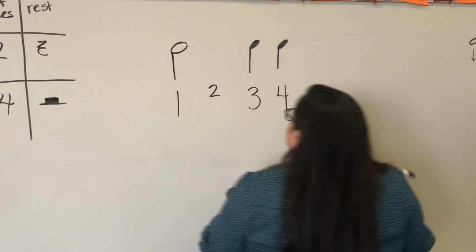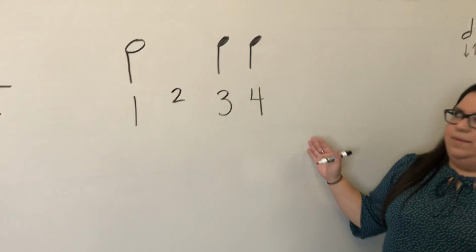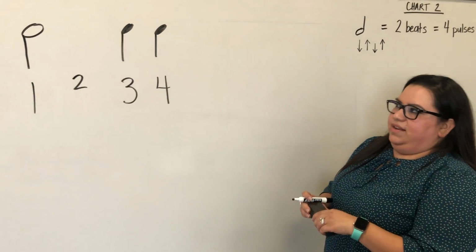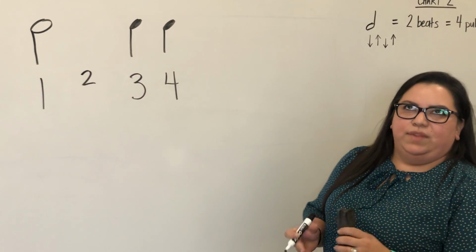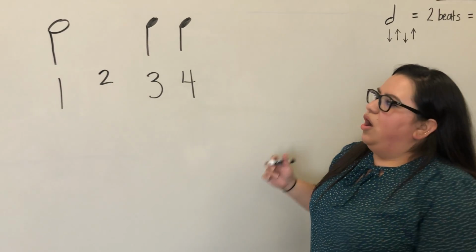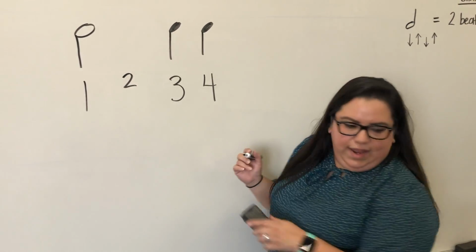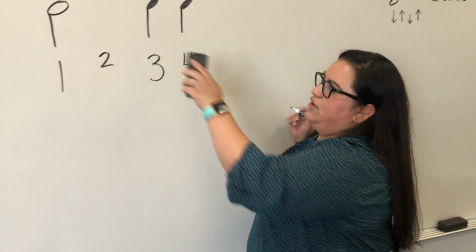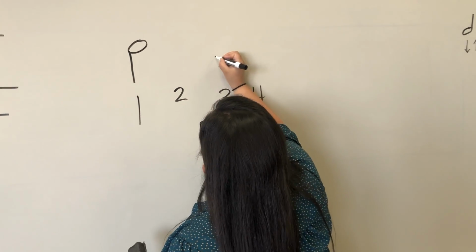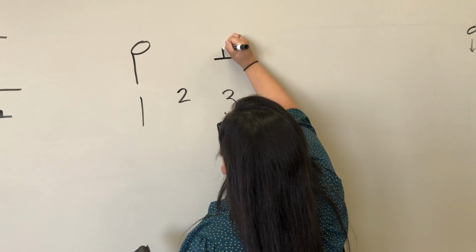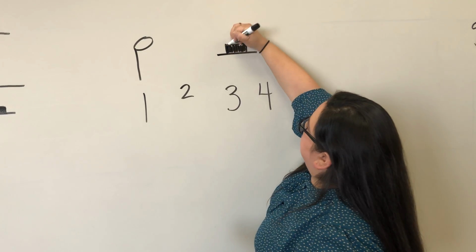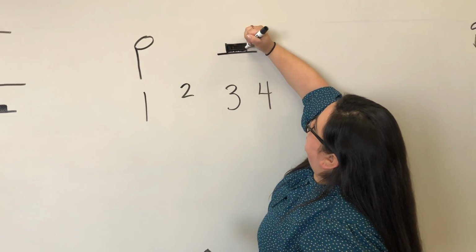Alrighty, so coming back to our example, I want you to find measure 25 on your chart 2. On that chart, we have a half note and a half rest. So I'm going to erase that, put the half rest here, color it in, and you're looking at measure 25.